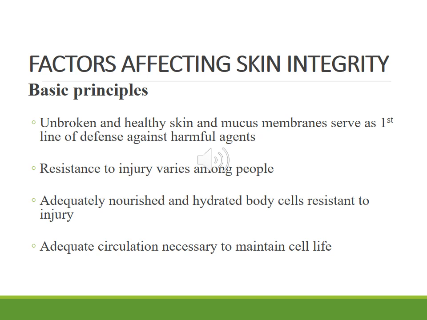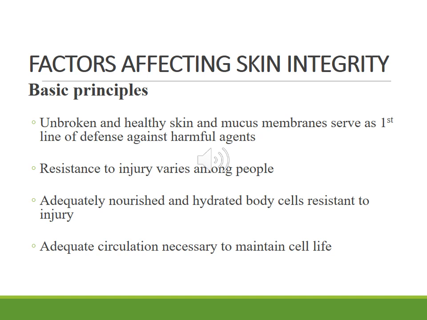So the book discusses basic principles of our skin integrity. It's important to note that unbroken and healthy skin and mucous membranes serve as our first line of defense against harmful agents. Resistance to injury varies among people. There's different factors that can influence that, such as age, underlying illness, different things like that that we're going to get into. But it does vary.